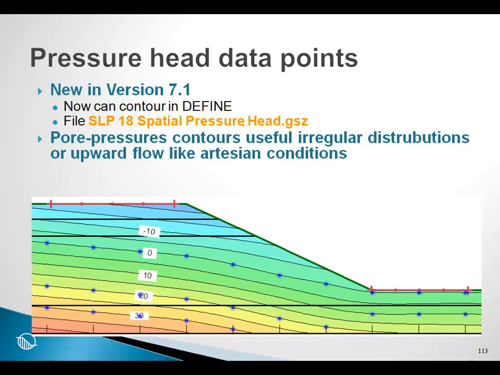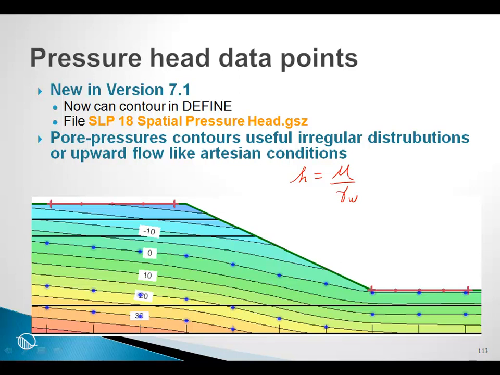In essence, what is required is that at a series of XY locations, we can specify the pressure head. The pressure head H is equal to the pore pressure divided by the unit weight of the water.